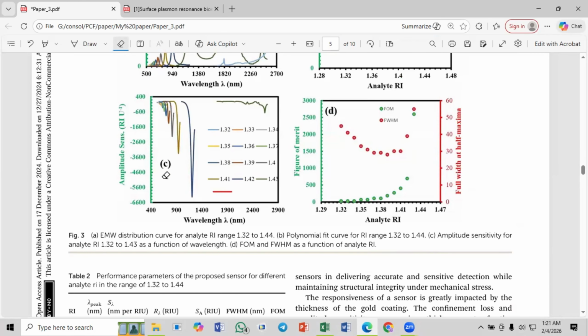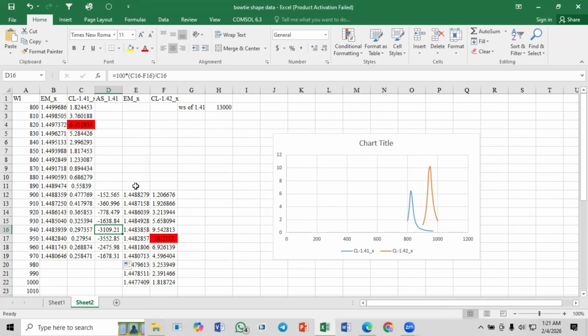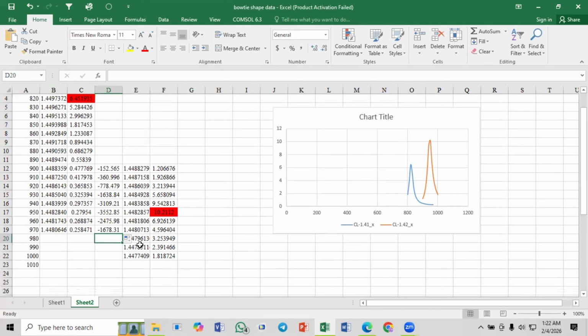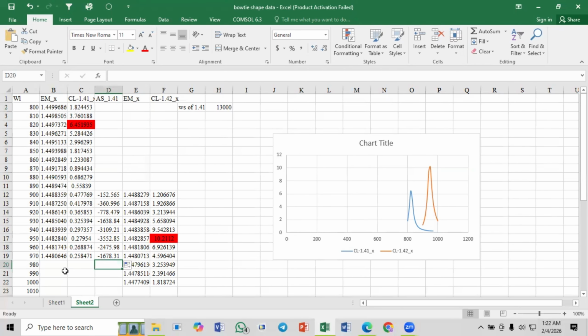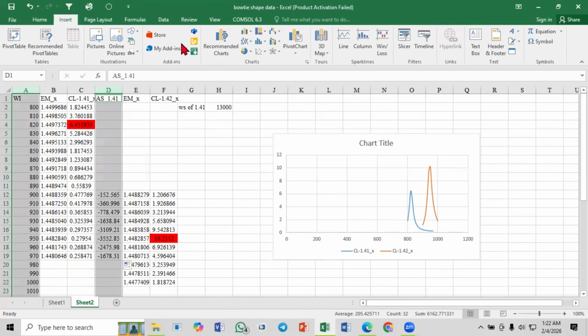If you want to draw the curve like this, you have to simulate more data. You have to calculate from like 820 or 800 for 1.42, then you will get more data. And for higher wavelength, you have to calculate more data for 1.41. Then you will get more data on this side.